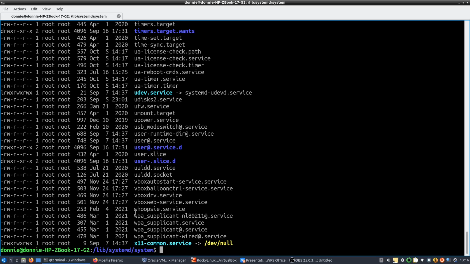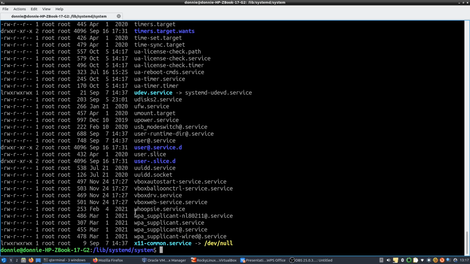It works with all these different units. You've got service units to control your services, timer units to control timers, and path units for things that you want to happen when something changes with a path, like in a directory or file. Lots of different units here.